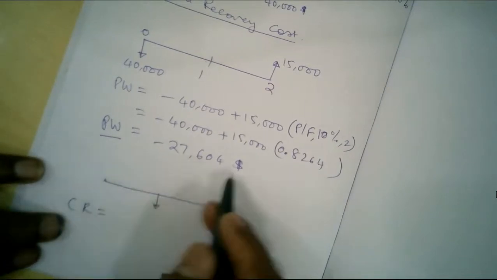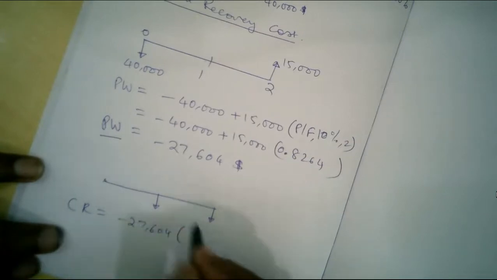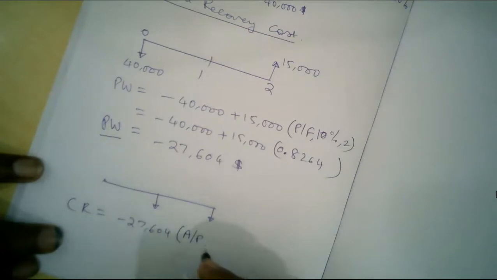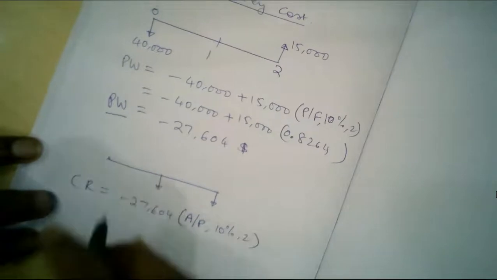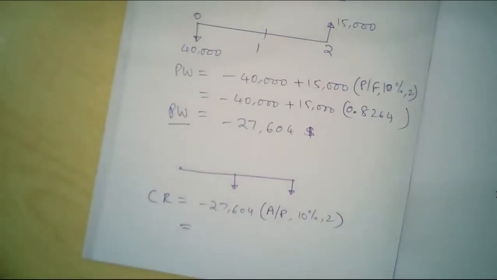So how will I get it? I'll take minus 27,604 and then multiply. I want the annual equivalent A given the P, at 10% and 2 years. So here I can refer to my A by P sheet.